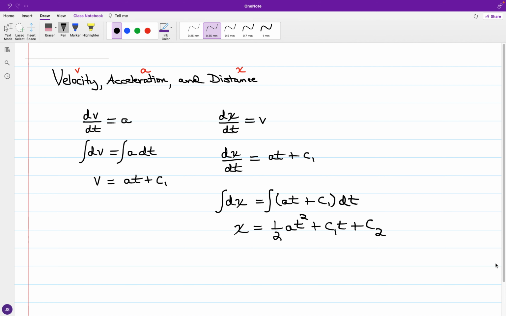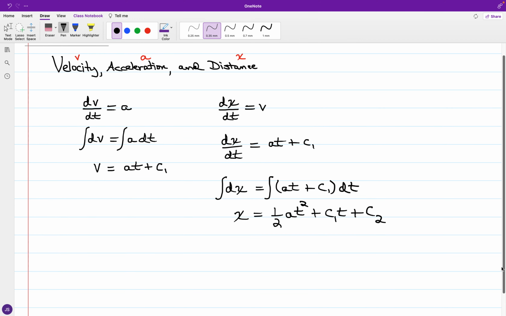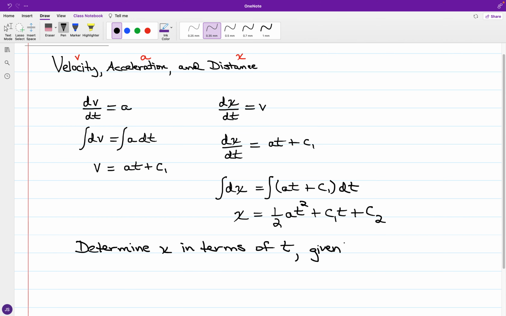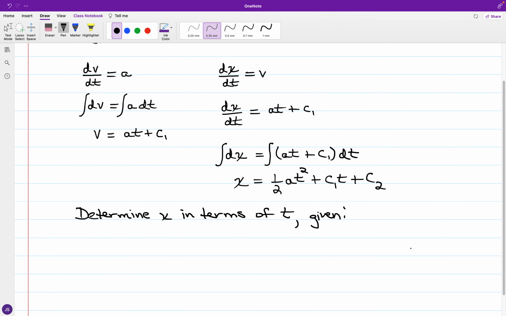And if I were to determine distance on the basis of given information, just to give you some examples here, say I were to determine the distance in parametric terms, that is, in terms of t, given, first of all, and we'll just start out with some constants.